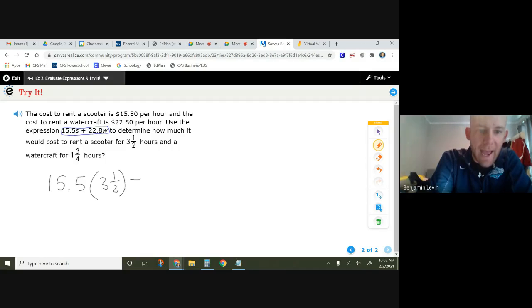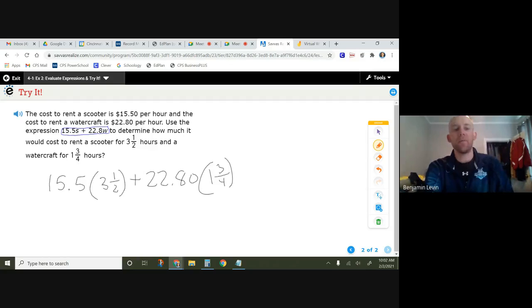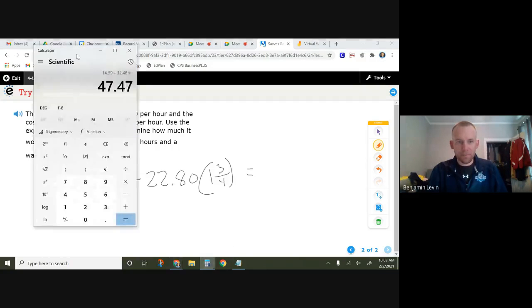And then we're going to add 22.80 times 1 3/4 hours. This 22.80 times the time we rented the watercraft is the cost of the watercraft. So then we will have to add those together at the end. But let's figure out what we got here.